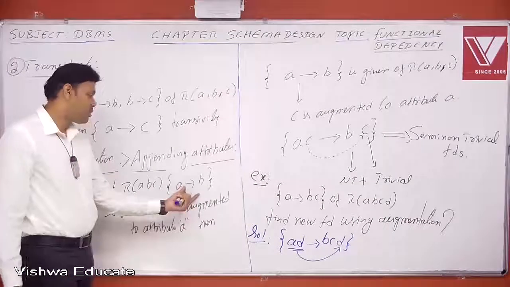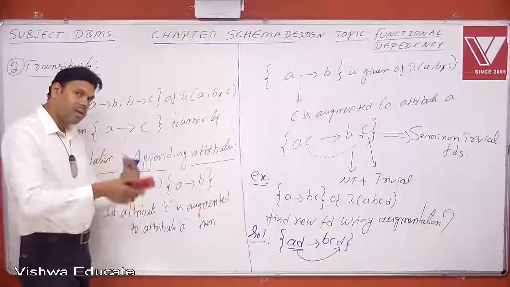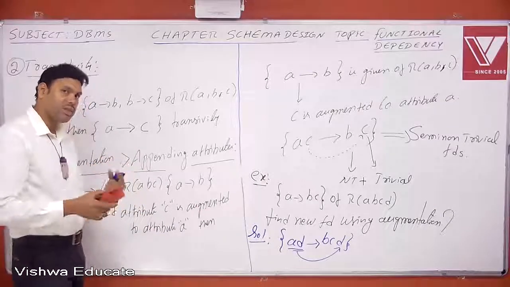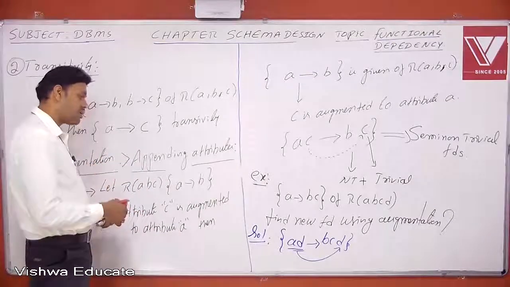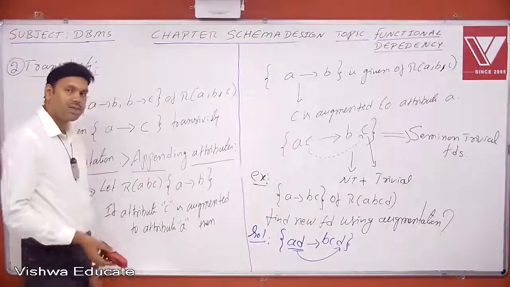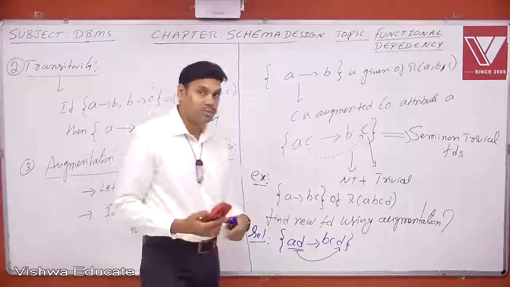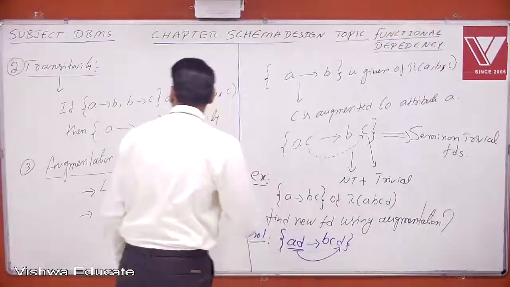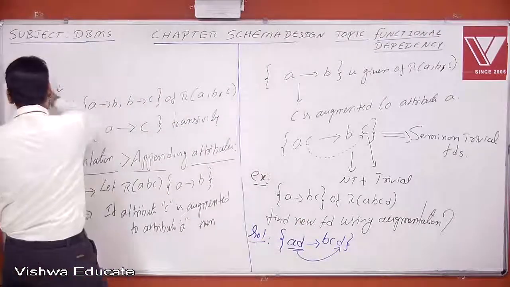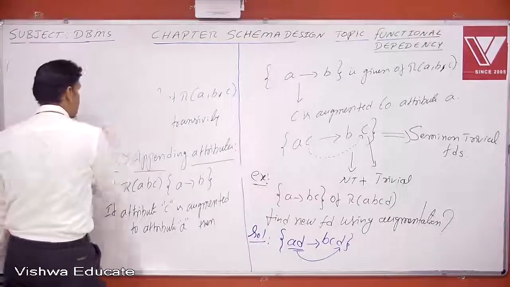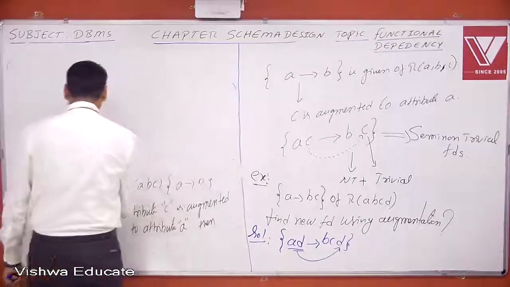By taking one production and appending attributes which are there in the relation towards the left hand side, that can be attached to the right hand side. Therefore we get multiple productions. We will see one more example based on augmentation.